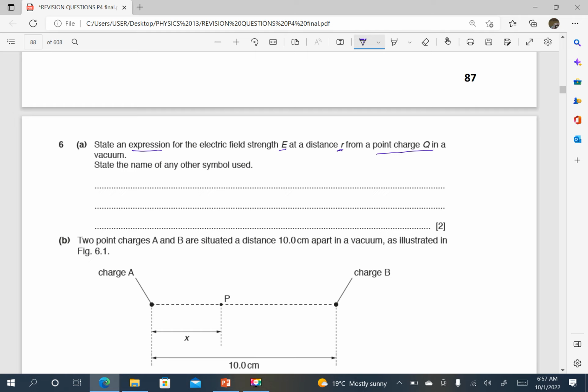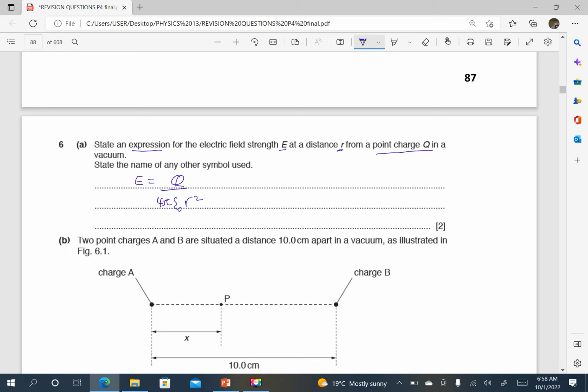Earlier on in the lessons, we already established that electric field strength E is equal to Q divided by 4 pi epsilon naught R squared, or X squared. Many would prefer to use X. Now the question said to use R, so this will be R squared, not X squared.